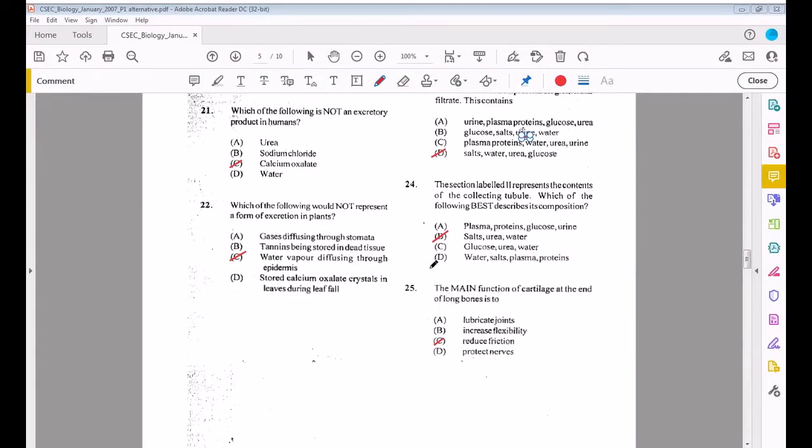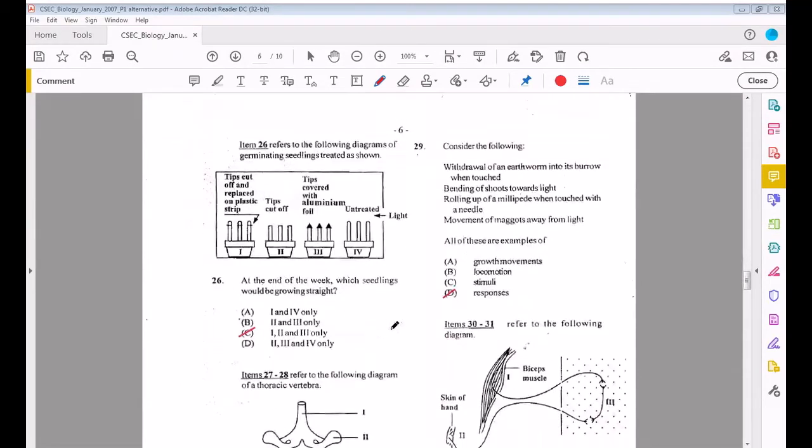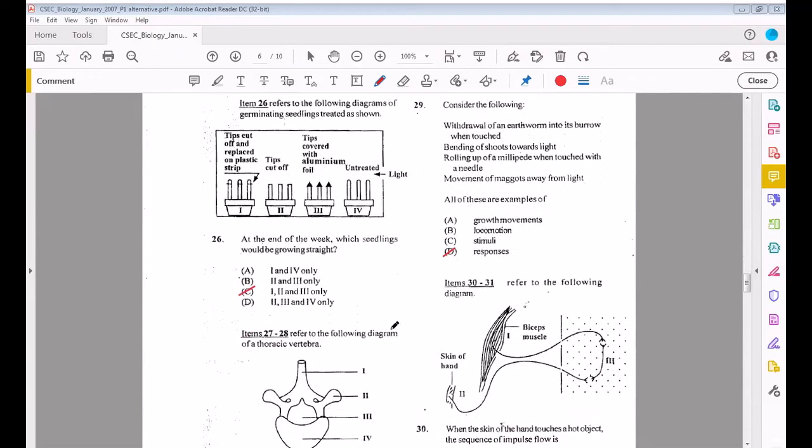25. The main function of cartilage at the end of long bones is to, C, reduce friction. Item 26 refers to the following diagrams of germinating seedlings treated as shown. At the end of the week, which seedlings would be growing straight? It's in some sort of box with a hole where the light can pass through. Three is covered with foil.